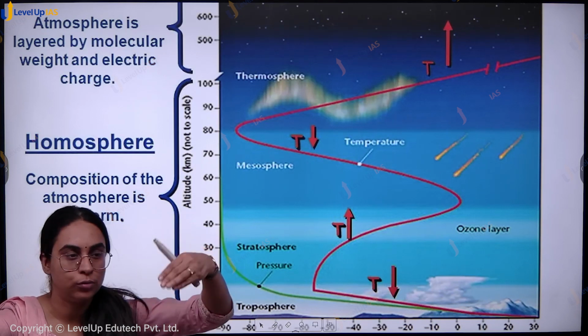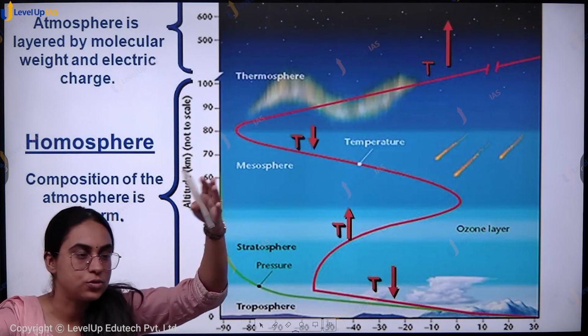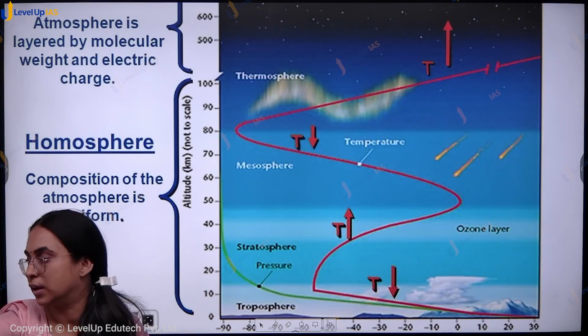Light है हाइड्रोजन और हीलियम तो वो टॉप में रहेंगे, हेवी होते हैं नाइट्रोजन और ऑक्सीजन तो वो बॉटम में रहेंगे. ठीक है.